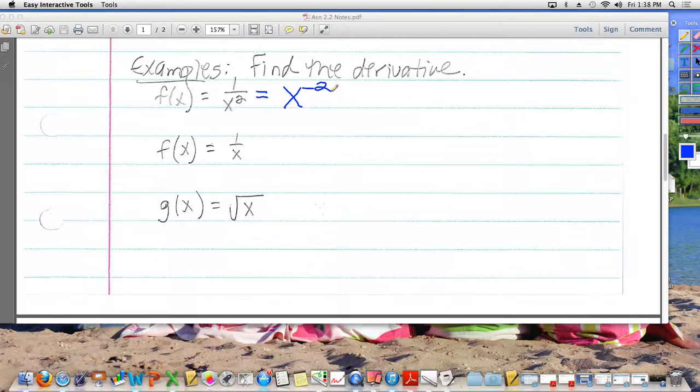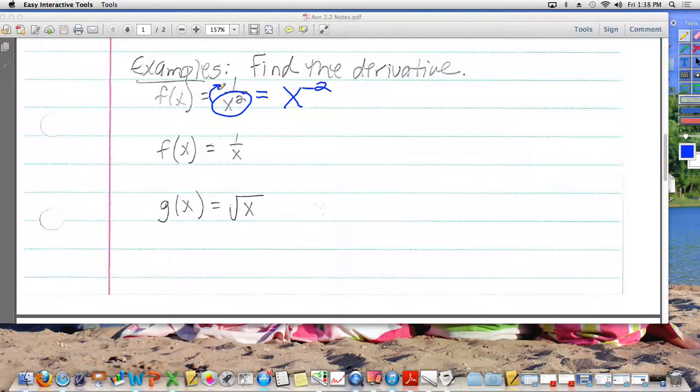If you move something from the bottom to the top, it changes the sign of the power. We don't have any rules for finding the derivative when that x squared is on the bottom. So to make it not a fraction, you move the x squared to the top and change the exponent to exactly the opposite of what it was. So it becomes x to the negative 2.